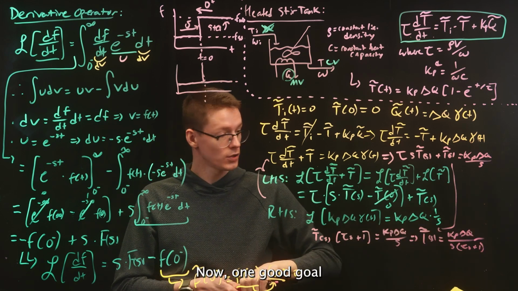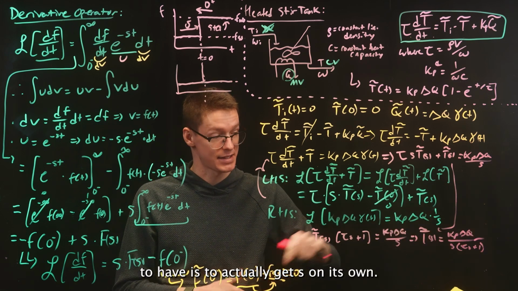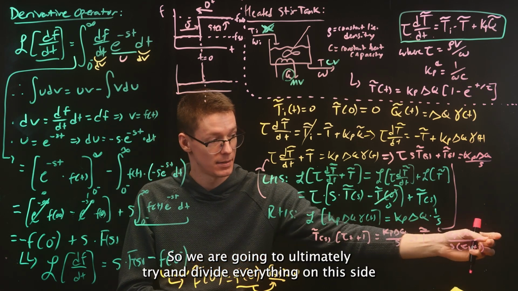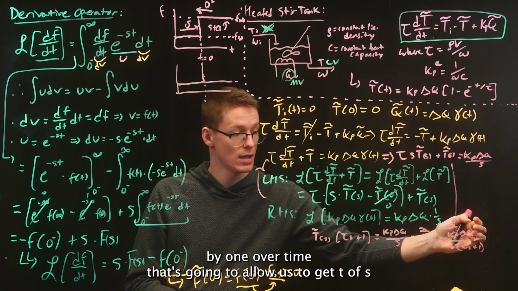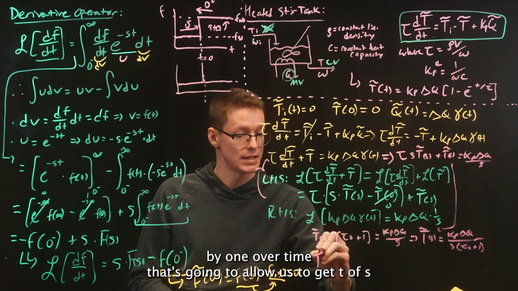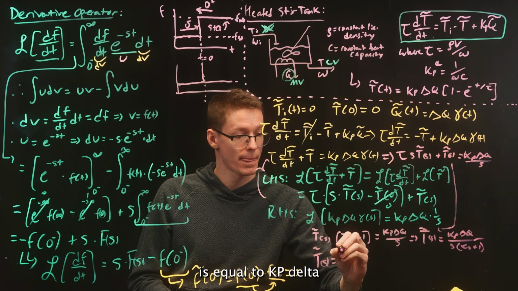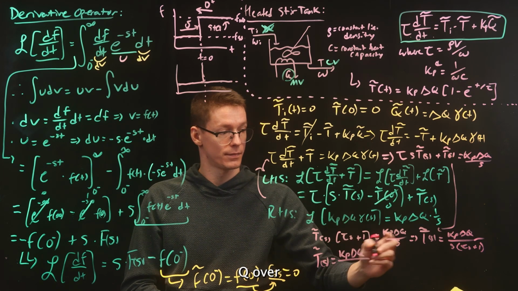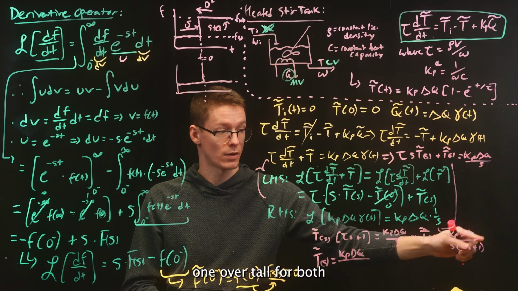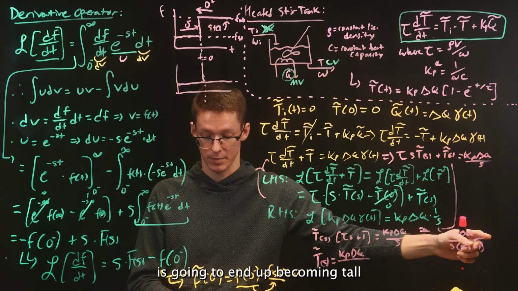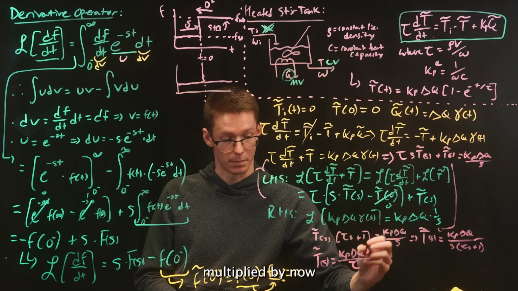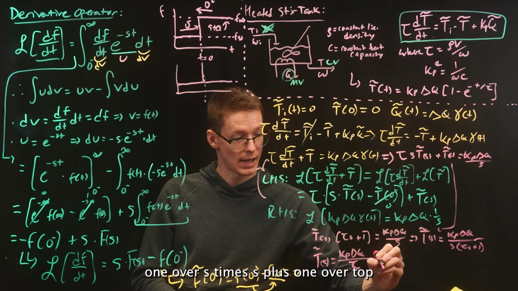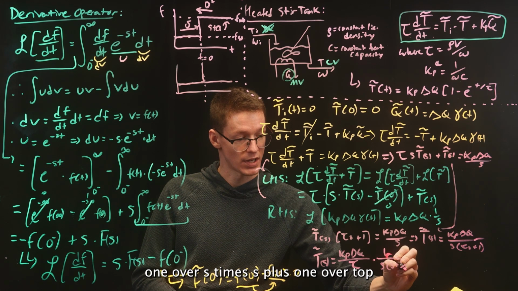Now, one good goal to have is to get s on its own. So we are going to ultimately try and divide everything on this side by 1 over tau. That's going to allow us to get T(s) equal to Kp delta q over, with 1 over tau for both becoming tau multiplied by 1 over s times (s plus 1 over tau).